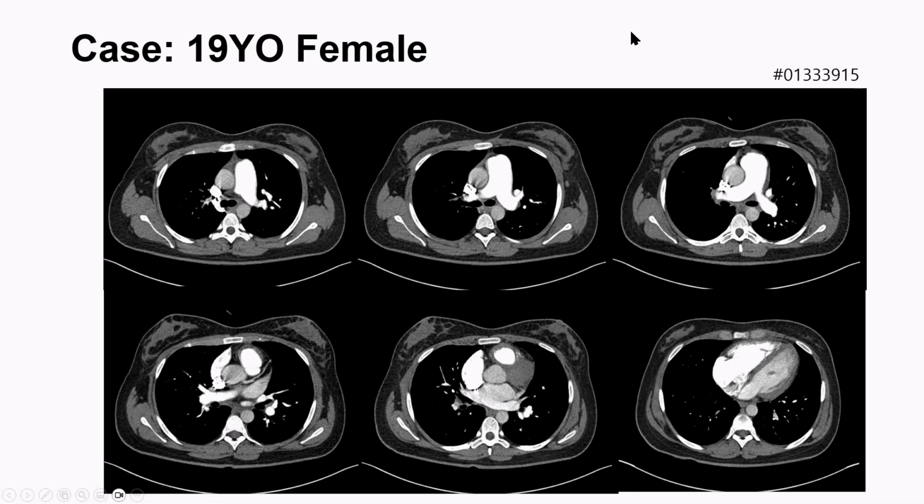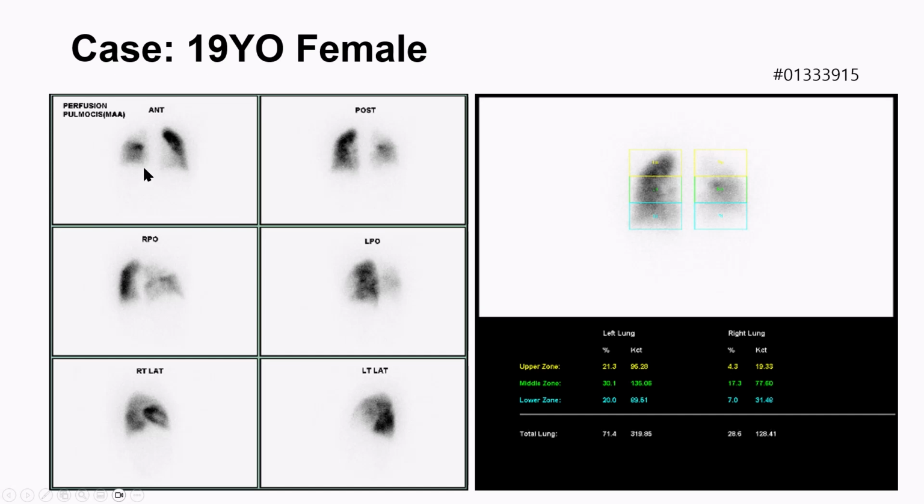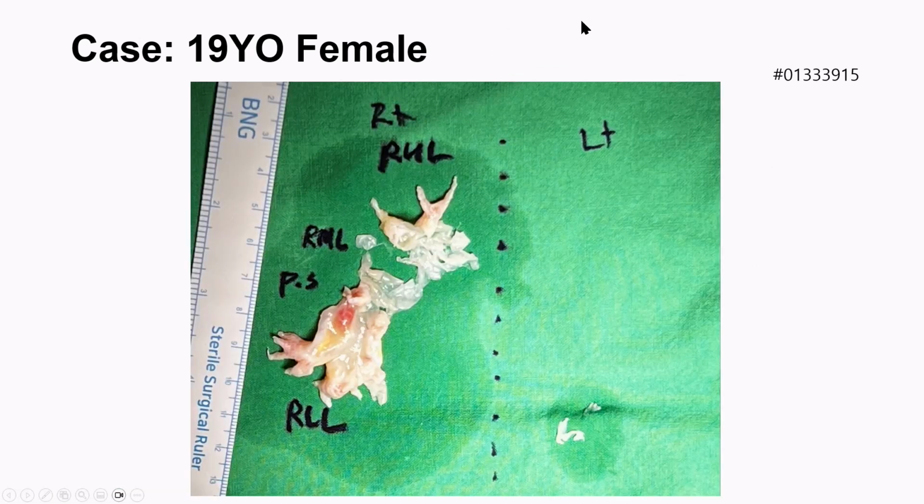As Professor Kim showed, we performed the perfusion SPECT, and there was markedly reduced perfusion in the right pulmonary arteries. We performed pulmonary endarterectomy in this patient, and this is the sample of the extracted organized thrombus.